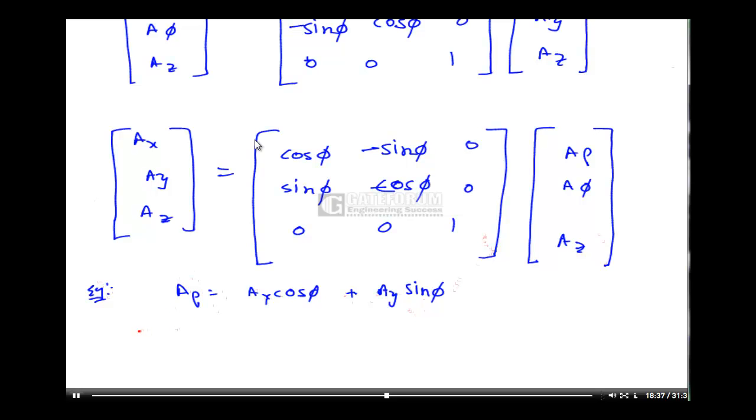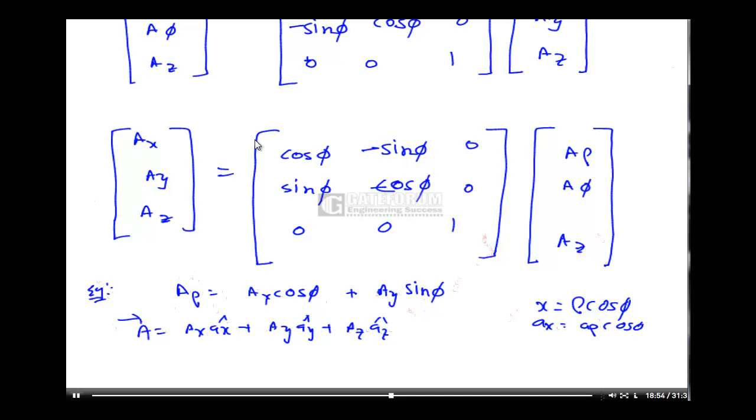We know that a bar is equal to ax ax cap plus ay ay cap plus az az cap. I know x is equal to rho cos phi, so unit vector ax is a rho cos phi. Similarly, y is equal to rho sin phi, so unit vector ay is a rho sin phi.